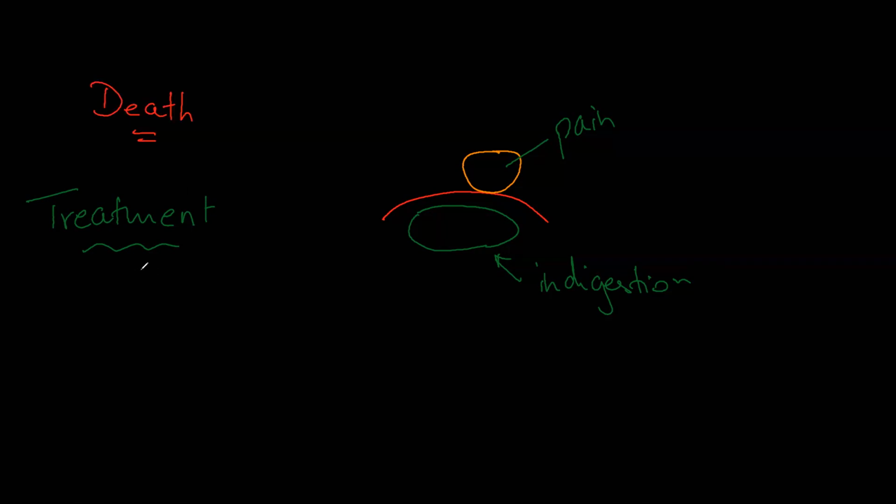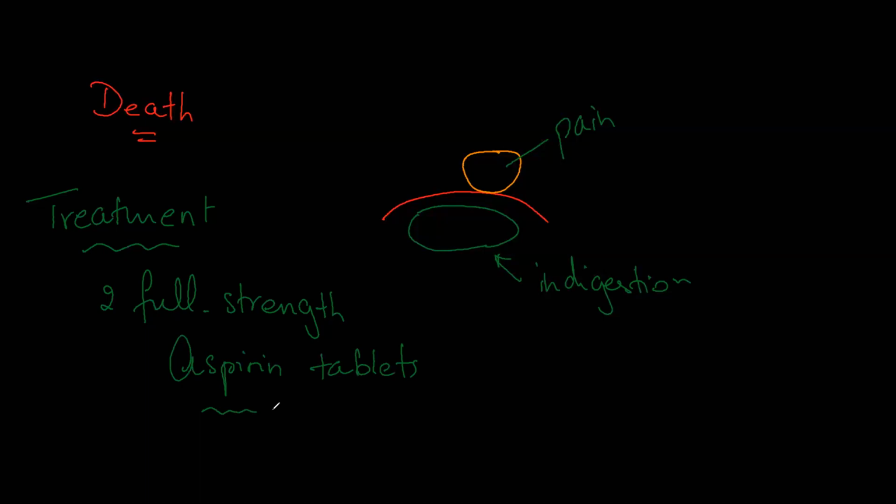So this patient has to receive 2 full strength aspirin tablets. Why? Because aspirin contains anticoagulant factors, or it helps the dissolving of the clot or prevents more formation of the clot.